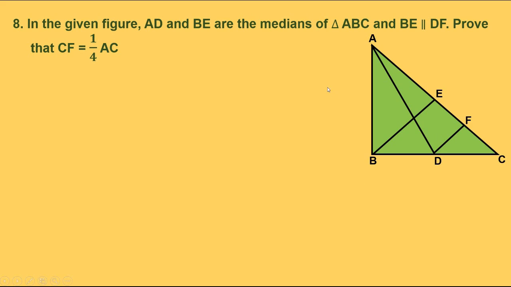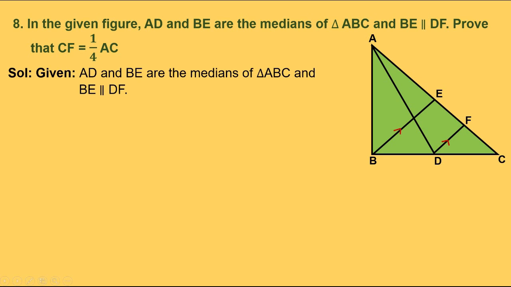Solution: given AD and BE are the medians of triangle ABC, that means D and E are the midpoints of side BC and AC, and BE is parallel to DF. To prove CF is 1/4 of AC.